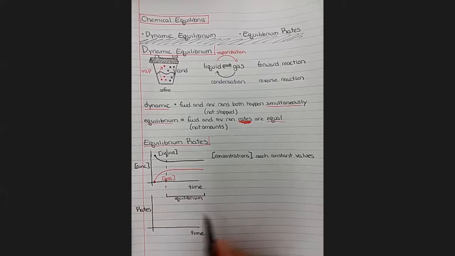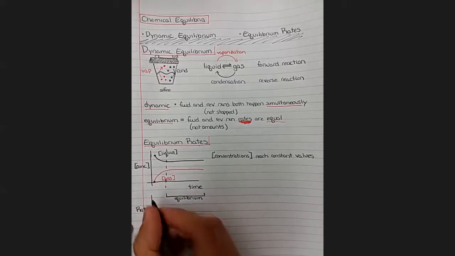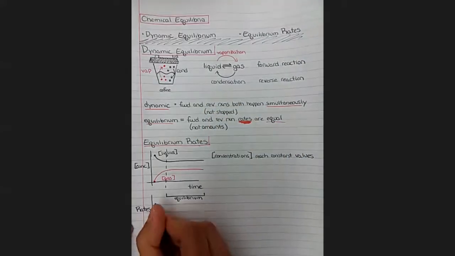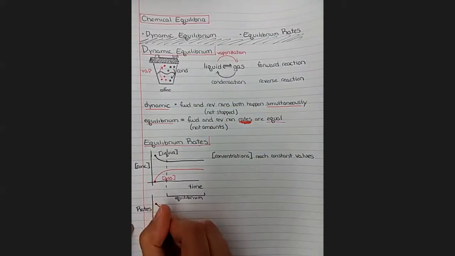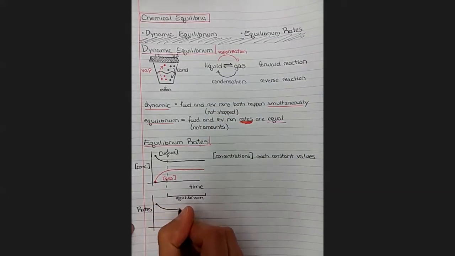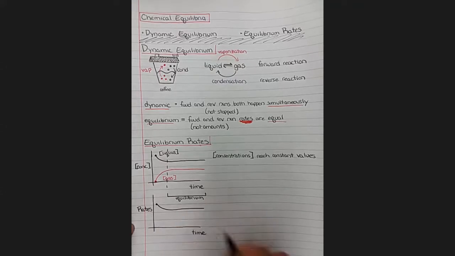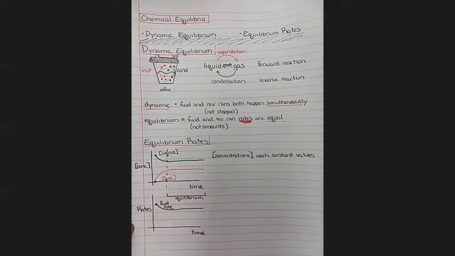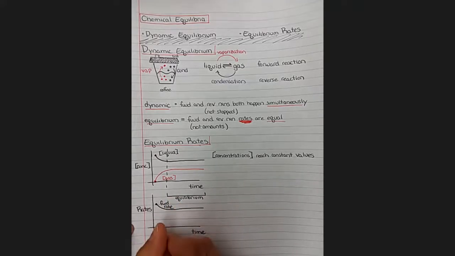So the forward reaction rate was the one that made these things, and it started out high because the forward reaction was in full blast when we only had reactant, and then as we started to make product, it started to slow down and it reached a constant value. So this is the forward rate over here, and the reverse rate started at 0 because there were no products, so the reverse reaction couldn't happen at the beginning.